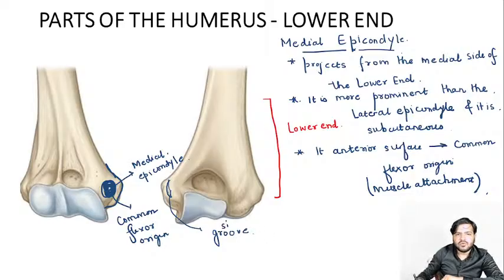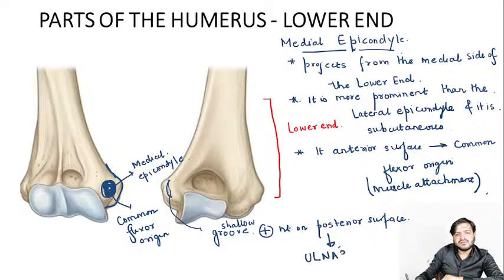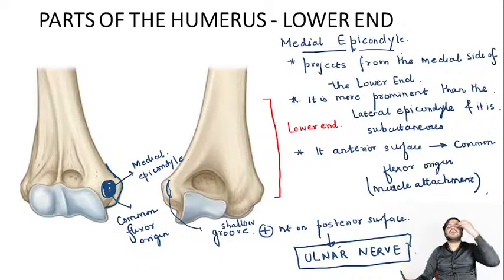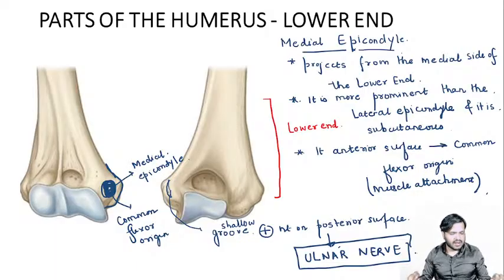Basically it is a shallow groove present on the posterior surface. And remember, this shallow groove which is present on the posterior surface is for the ulnar nerve guys.